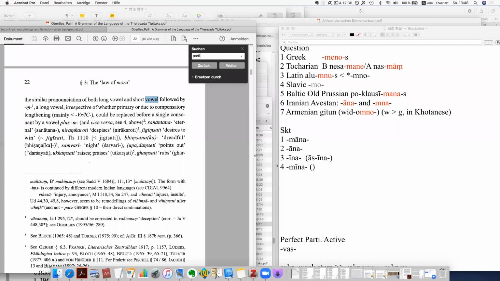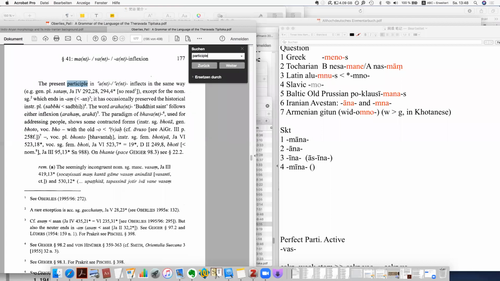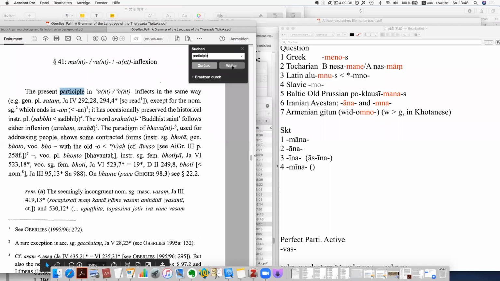So let's check the. How to see. So this is the present participle in -nt. So this is already something we know, and then.